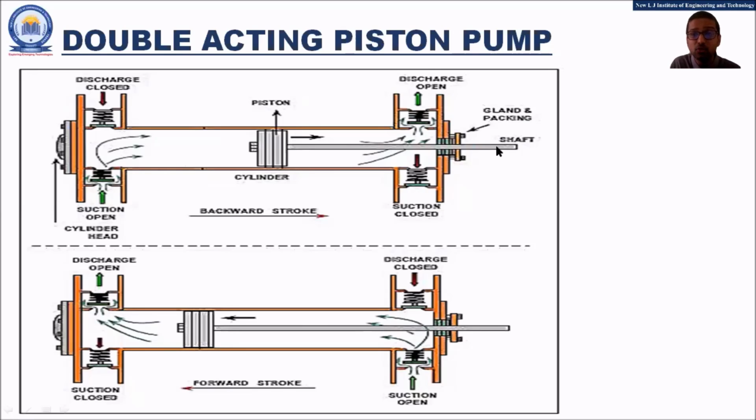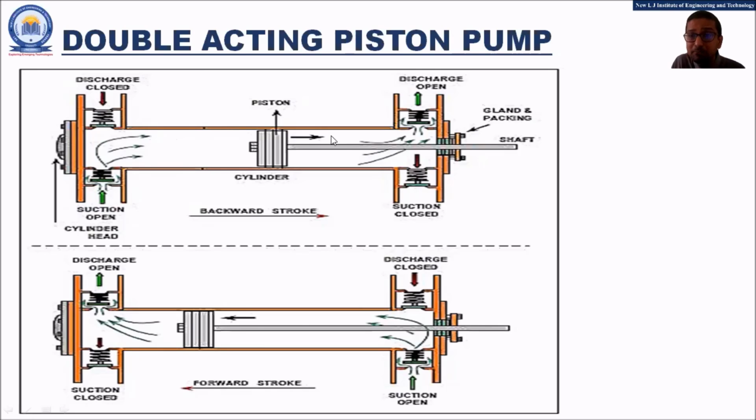So when the crank moves from 0 to 180 degree, the piston will be moving in this direction as shown by this arrow. So on the back side of the piston, the vacuum will be created. Because of this vacuum, because of these pressure differences, this suction valve will be opened and the liquid will be entering into the cylinder. The liquid will be filling into the cylinder on the back side of the piston.